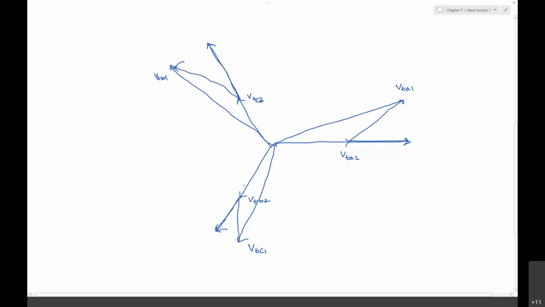I'm just giving the understanding of the pre-sag compensation. This is the in-phase, and this is the pre-sag compensation. I have given this with respect to the balanced side.